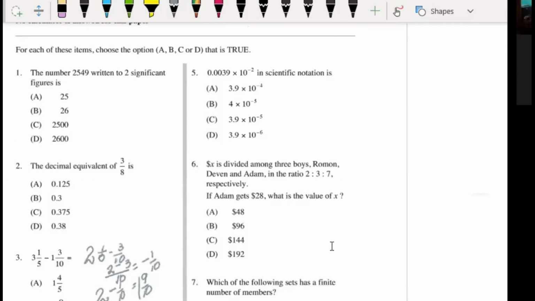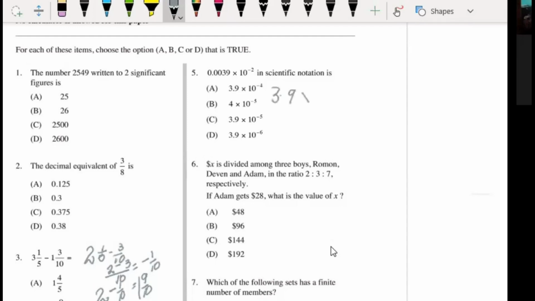0.0039 times 10 to the negative 2 to be written in scientific notation. Now it is partially written in scientific notation. The only thing is that the number is not expressed as a number between 1 and 10. So to express that as between 1 and 10, it would be 3.9.